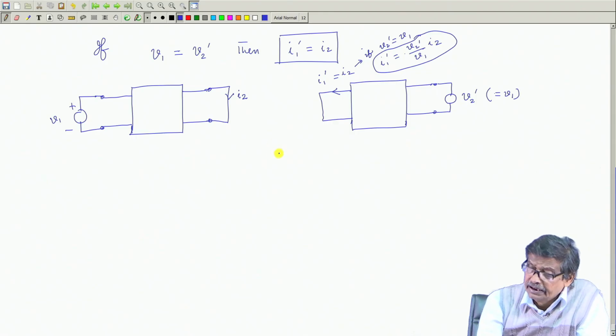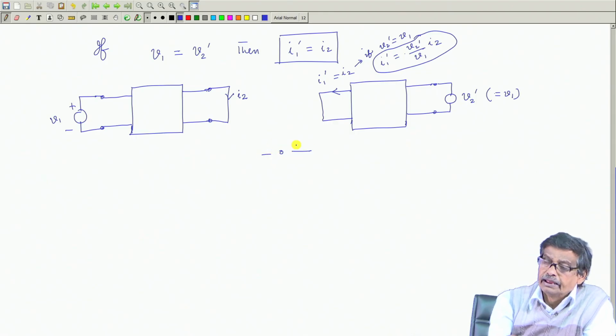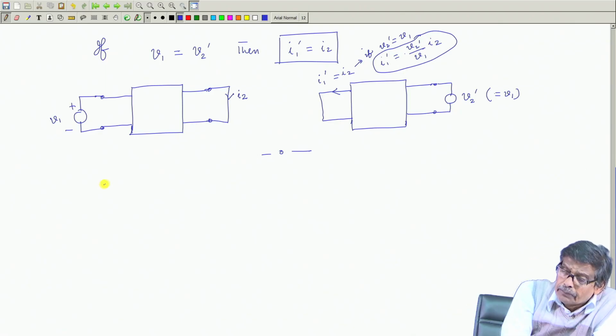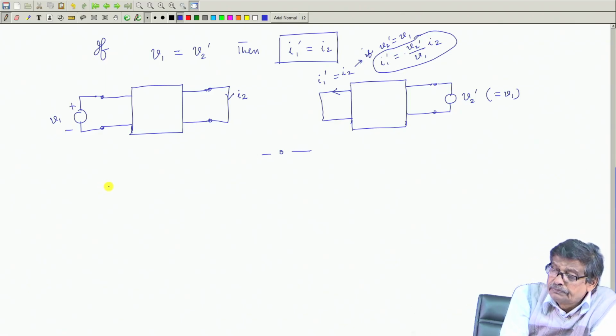It will be clearer if I do a very simple but useful example to highlight the concept. Suppose you have a network like this.